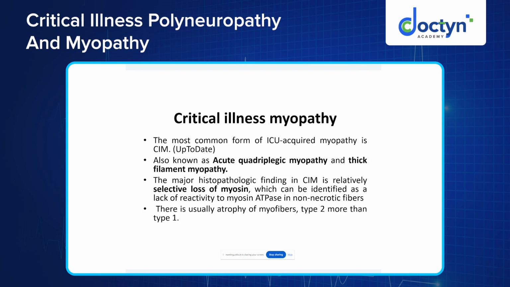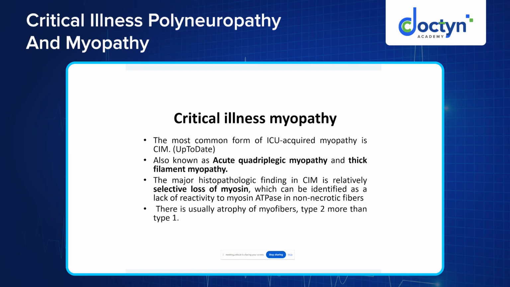There is usually atrophy of the myofibers, which we talked about, type 2 versus type 1. Because of this atrophy, there is selective loss of myosin and lack of reactivity to myosin ATPase. Myofibers are basically multinucleate cells formed by the fusion of myoblasts during development.